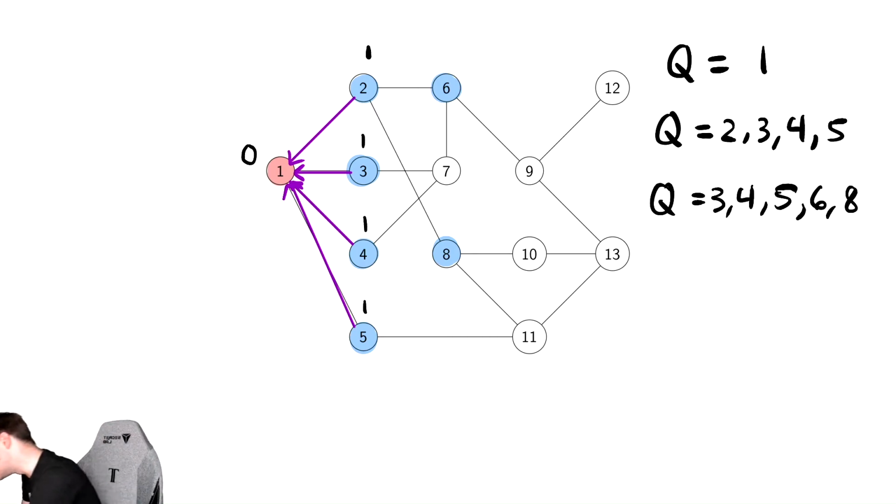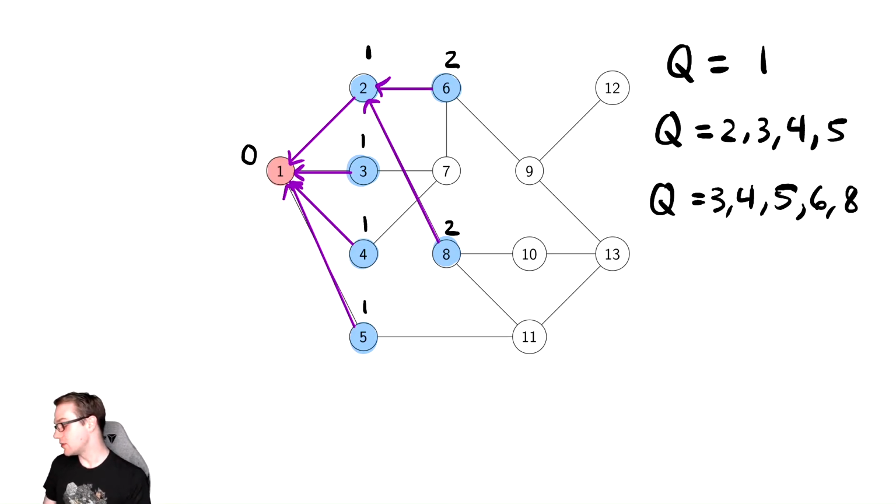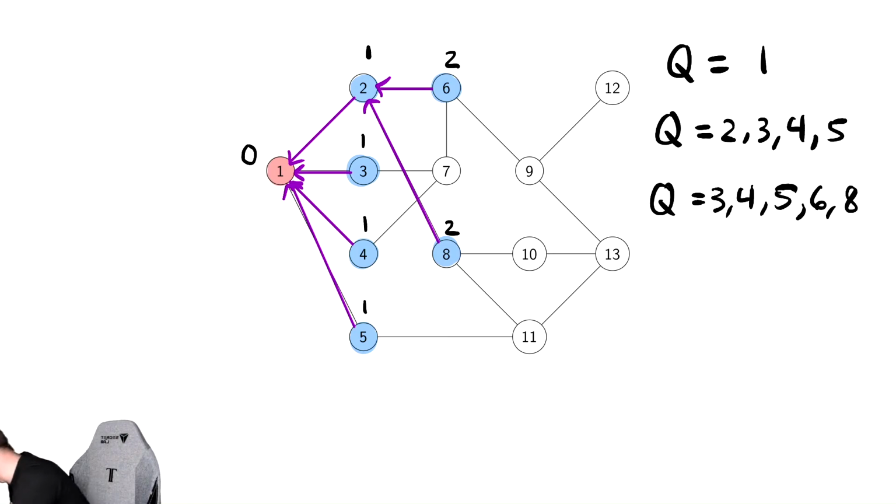The distances for those vertices is going to be 1 more than what 2 was. We update the parent of each of them to be 2, because that's how we found it. So we draw in our edges. And then, now that we have found them, added them to the queue, colored them, and updated the distances, we are going to change the color of 2 to be red.